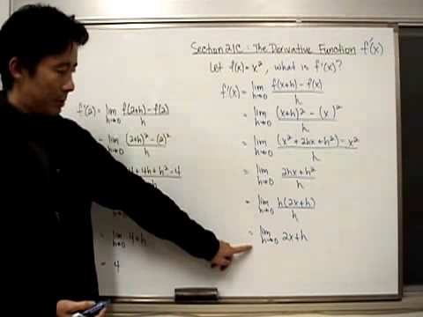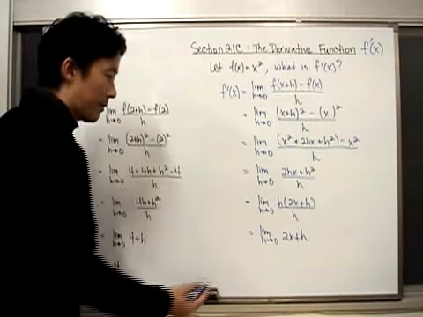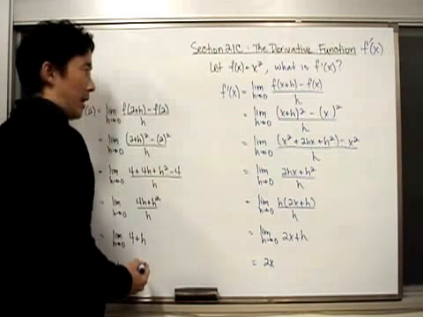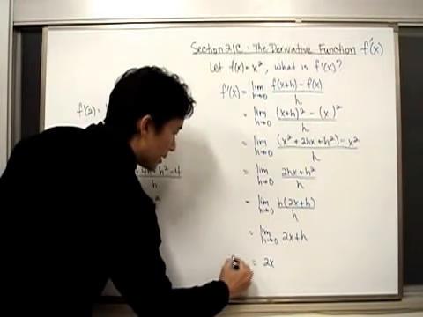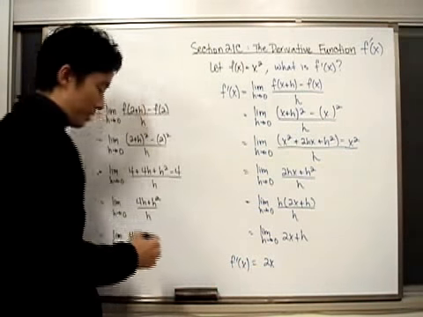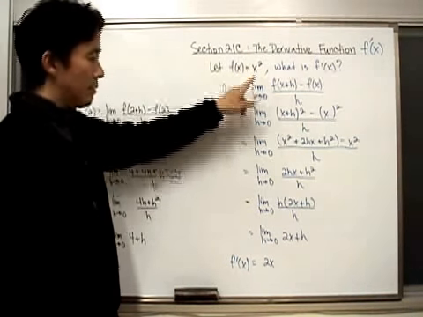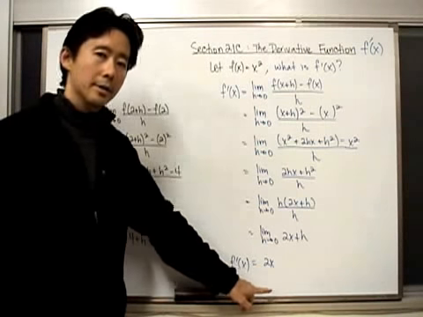Now if I substitute the value of 0 in for h, I just come up with 2x. So what that means then is that this f prime of x, or the derivative function of f of x equal to x squared, is actually equal to 2x.